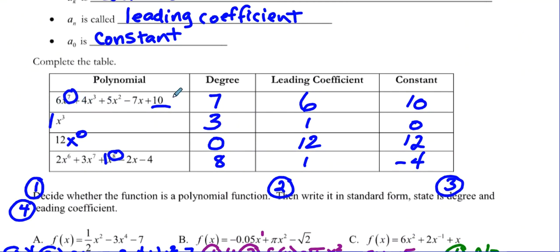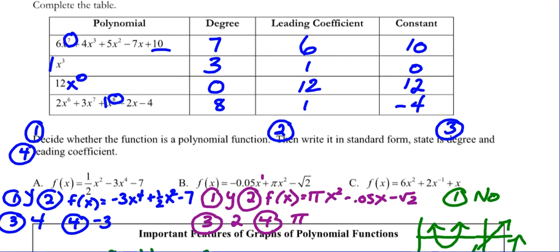All the rest of this becomes just not important when you're at the very ends of your function, going to positive infinity or negative infinity. The only thing that's going to matter at those points is the one that's being raised to the highest exponent. So at the ends of your function, all we care about is the 6 here, which is making the right side go up, and the 7, which tells you that your ends are going to go in opposite directions because it's an odd number. And we did study that in the last unit when we talked about end behavior.